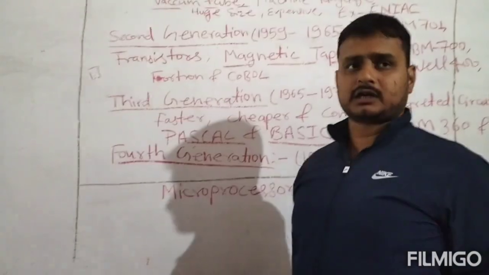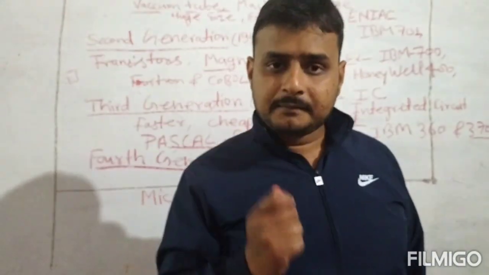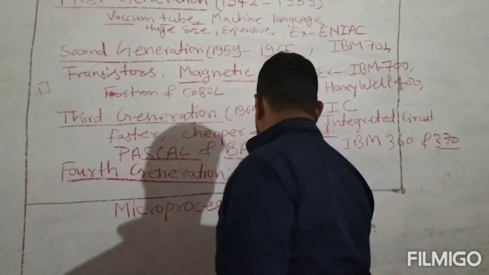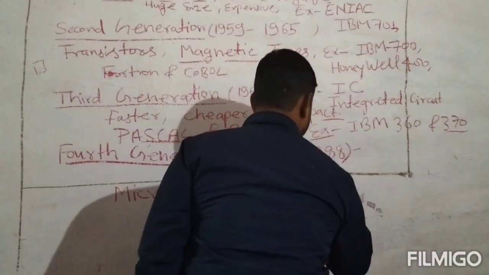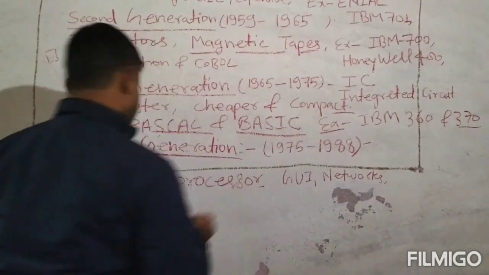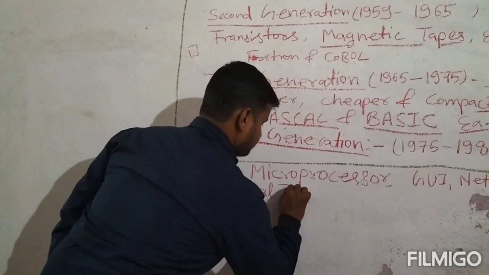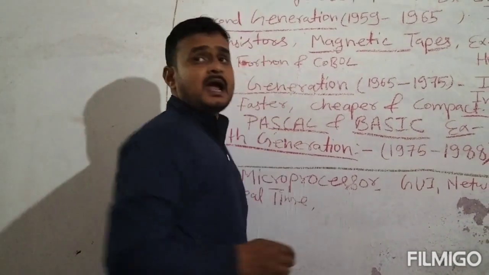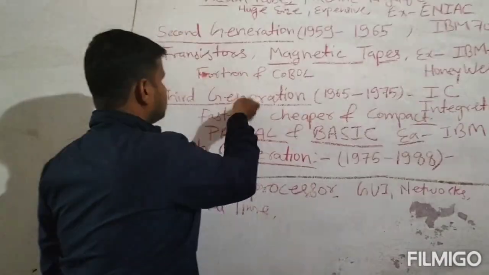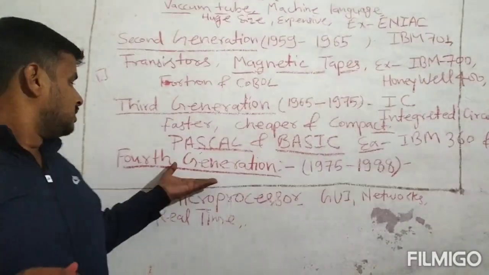The fourth generation computers are using time sharing, real time, networks, and graphical user interface. I'm writing here: it's using GUI, networks, real time, and it's cheaper and smaller than the third generation computers.